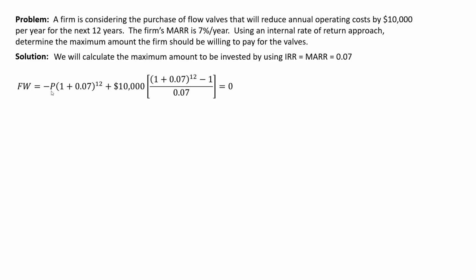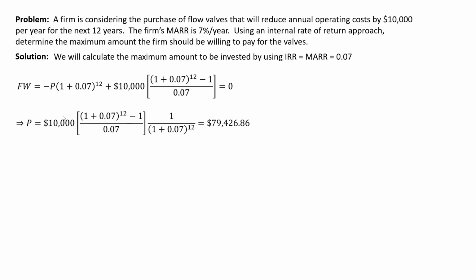If P were to be bigger than what we are about to calculate, the IRR would be less than 0.07. So that's why, for the maximum amount to be invested, we set the IRR equals the minimum attractive rate of return. And then simple math, and that turns out to be $79,426.86. So this is the maximum you can invest. Cool.